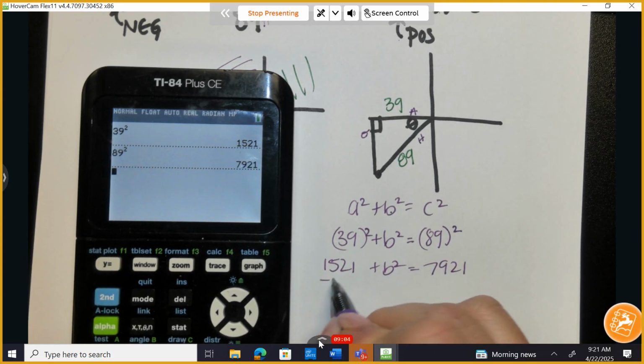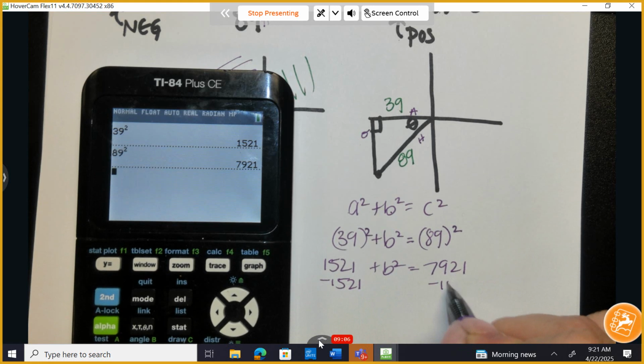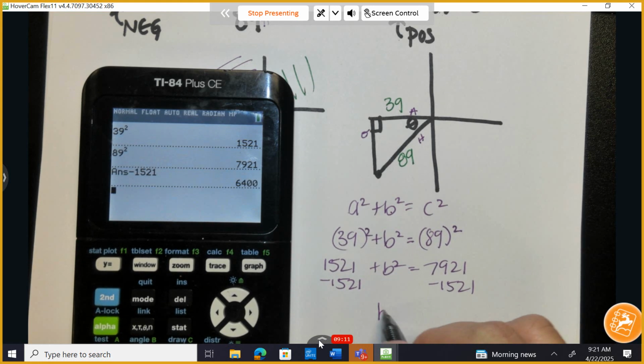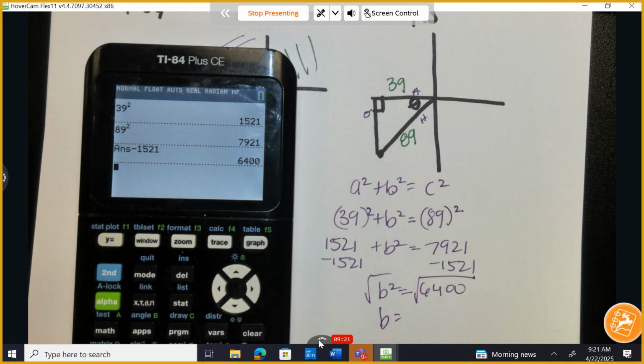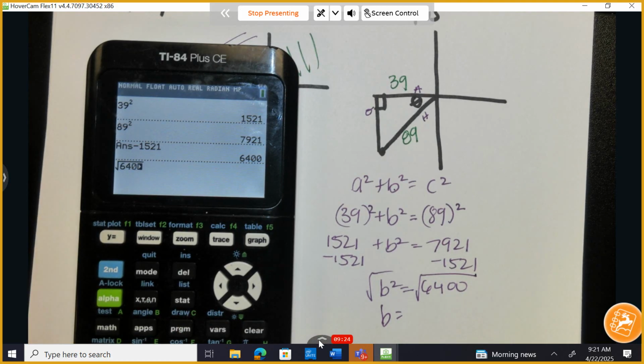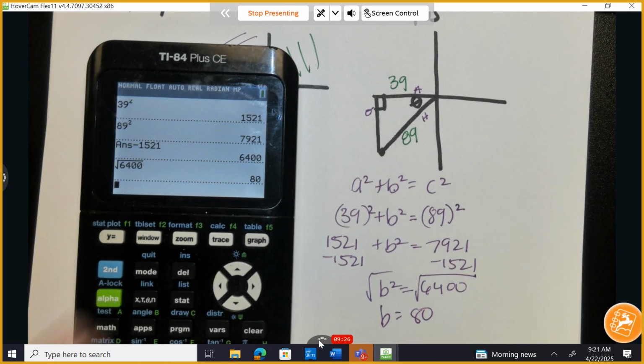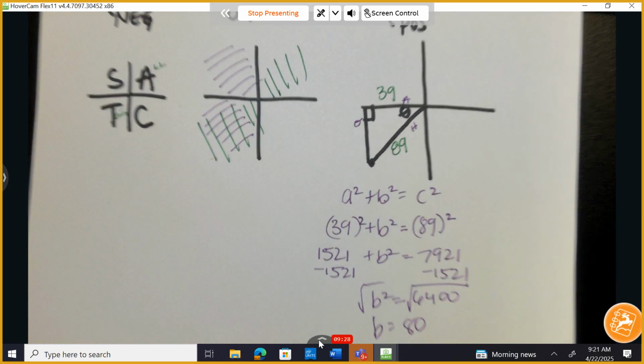Now to get b squared by itself, I need to subtract this to the opposite side. So b squared equals 6,400, and a lot of students want to put in the 6,400 here. Remember, we have to isolate the b by taking the square root. So we have the square root of 6,400, and we end up with 80. So this missing side here is 80.